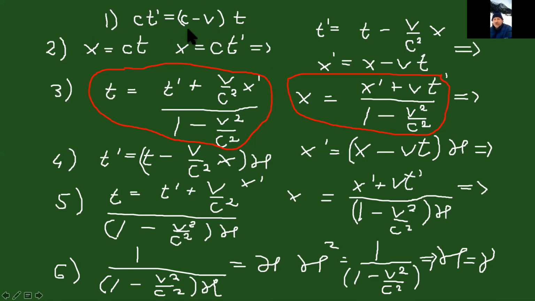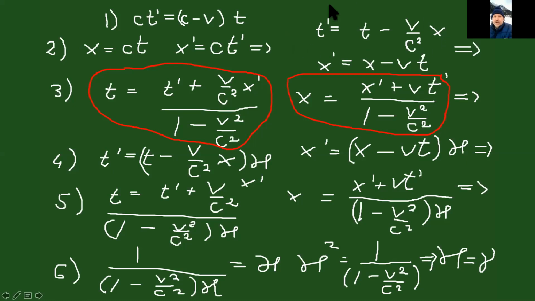From this we get the simplified transformation: the x transformation is Galilean, x prime equals x minus vt, and for time, if c minus v times t is equal to c t prime, then t prime is equal to (1 minus v over c) times t.